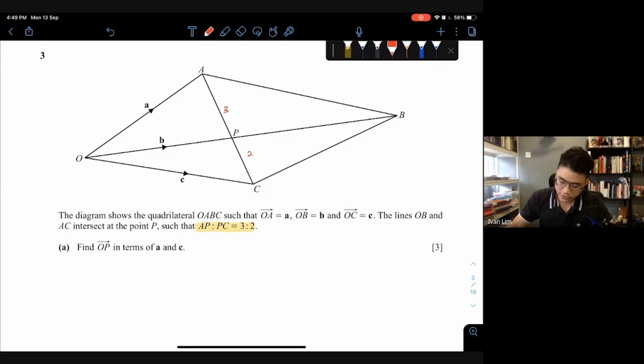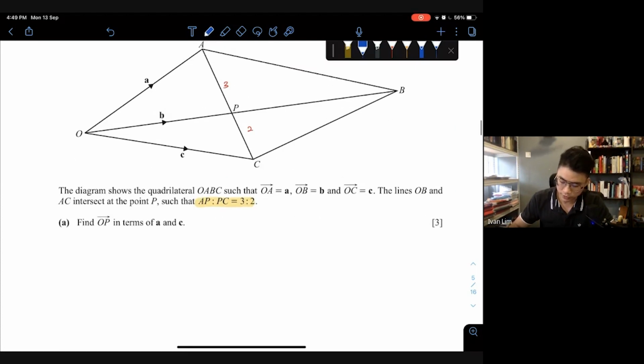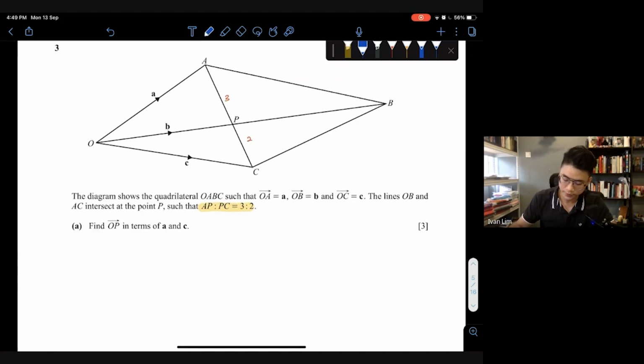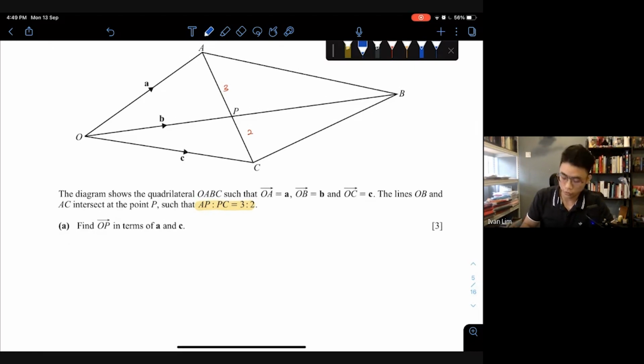Okay, but let's just take OA plus AP because we want it in terms of A and C. So OP is equal to OA plus AP.